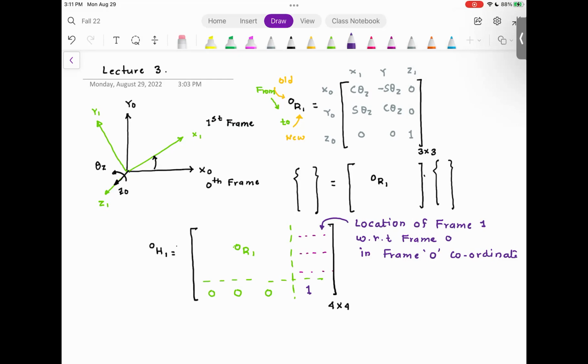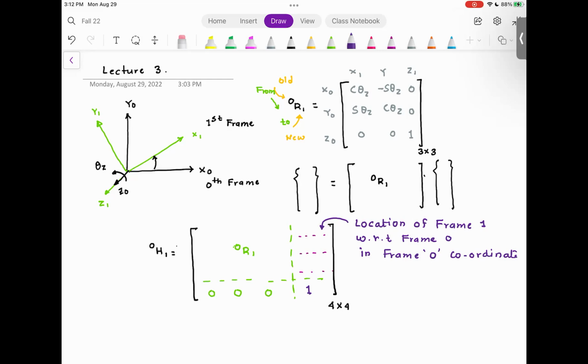Always remember, in the homogeneous transformation matrix, the translation information is coded with respect to the previous frame, not the current frame. Everyone understood this? So now if I want a homogeneous transformation between 1H2, then my rotation matrix is going to be 1R2. I'm going from frame 1 to frame 2, and my translation information will be with respect to frame 1, but not frame 2. Everyone understood this?